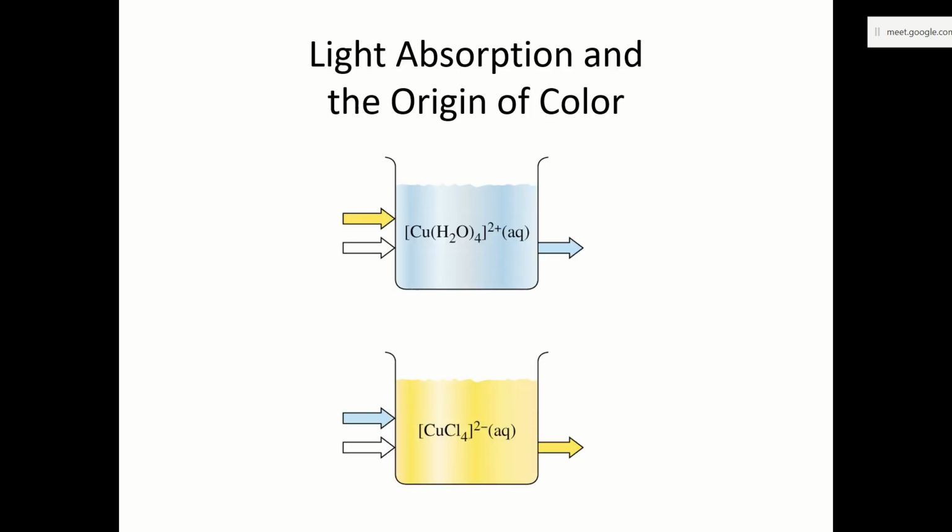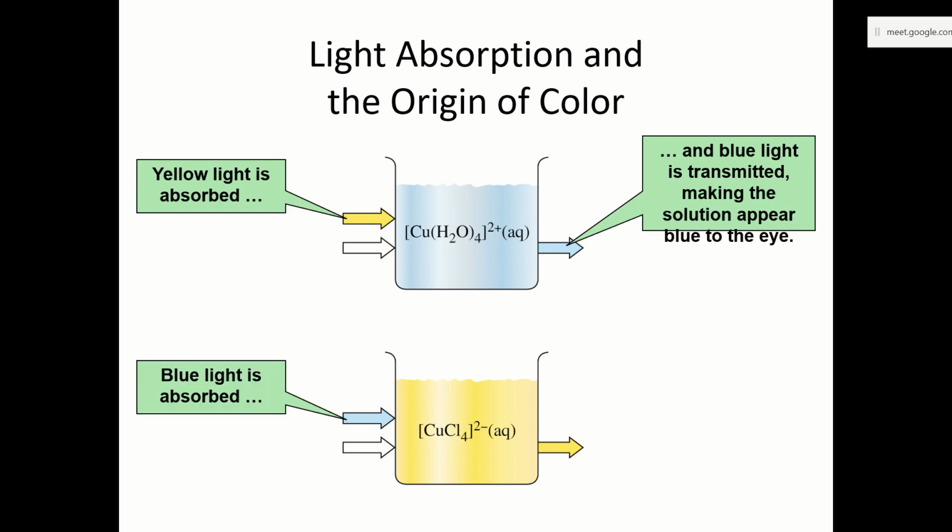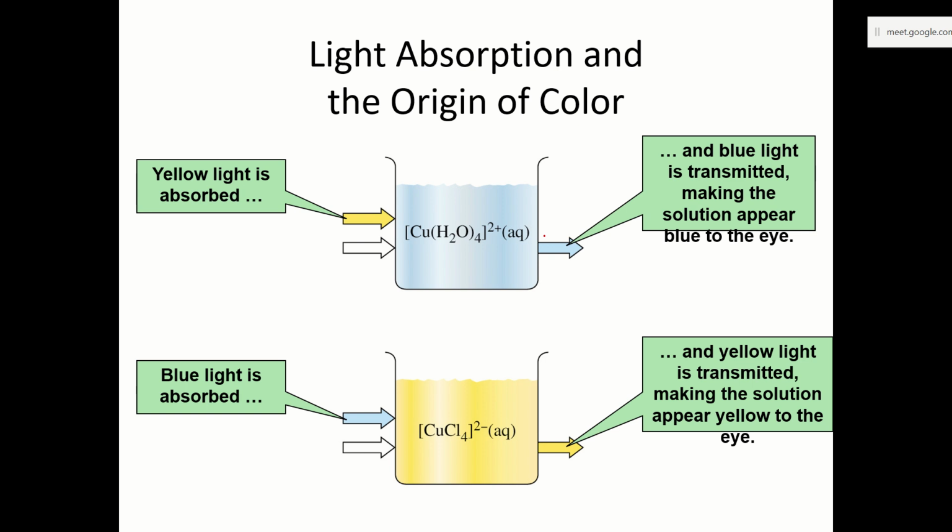So basically the origin of color, what we have seen so far: white light is falling on the sample, the yellow component is absorbed, and so for the transmitted light, if the observer is on this side, you will get the blue one. The appearance is blue because blue light is transmitted.